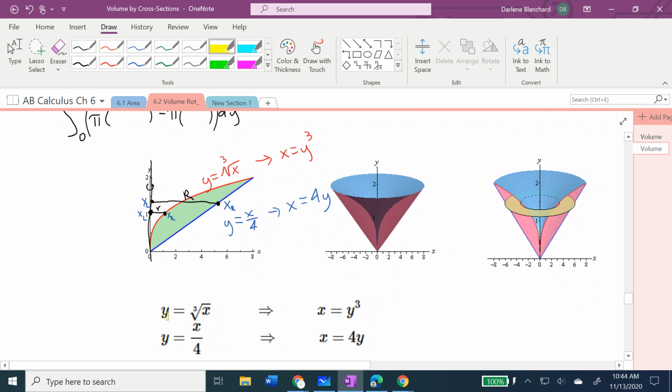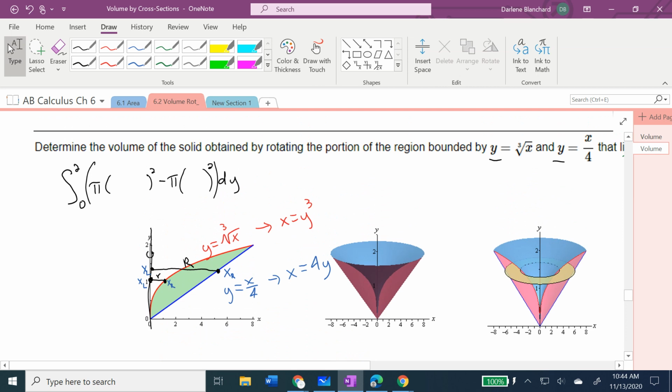And you can see right here, so always take a moment to ask yourself, am I dealing with a horizontal distance for radius or a vertical distance for radius? If it's vertical, then I'm subtracting y's. If it's horizontal, then I'm subtracting x's, and I need to know what x is equal to.